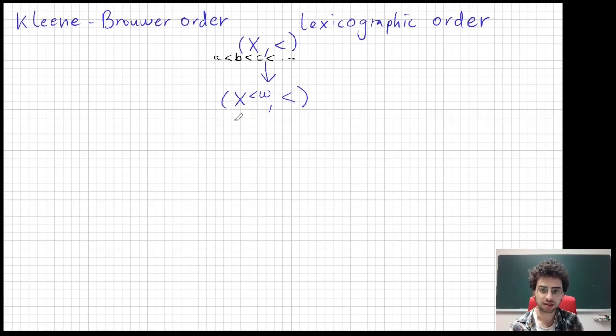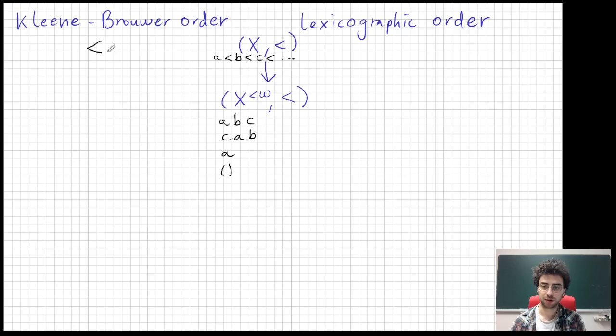And what is inside this set is all the words that you can make with these letters, or the finite words, or the finite sequences. So it could be the word ABC, it could be the word cab, it could be the word A, or it could be the empty word that I'm going to write like that. So that's what we're getting. So the Kleene-Brouwer order and the lexicographic order describe this order relation right here.